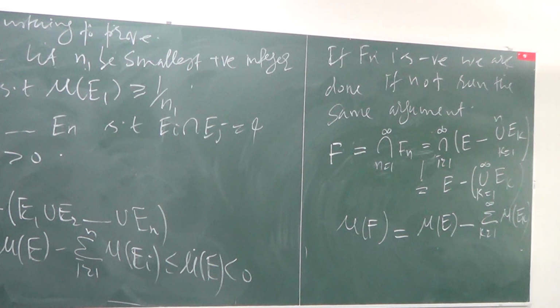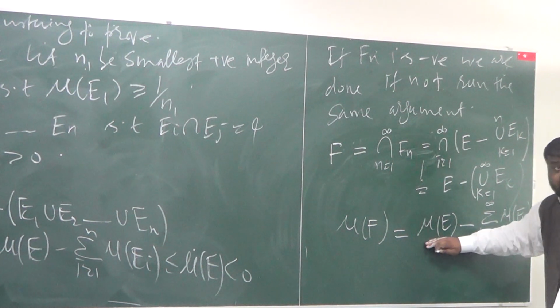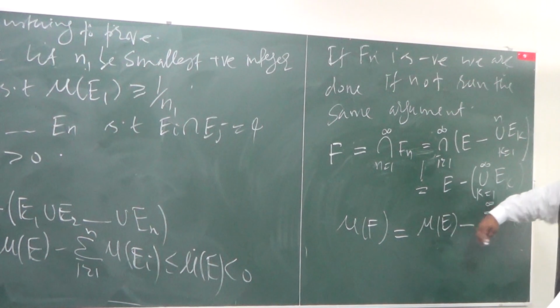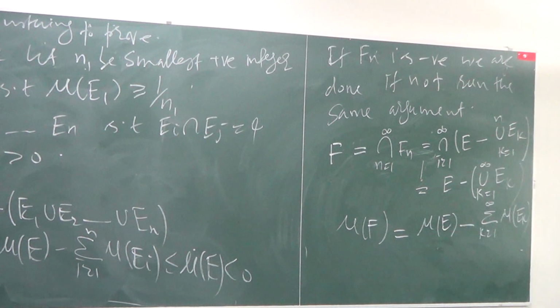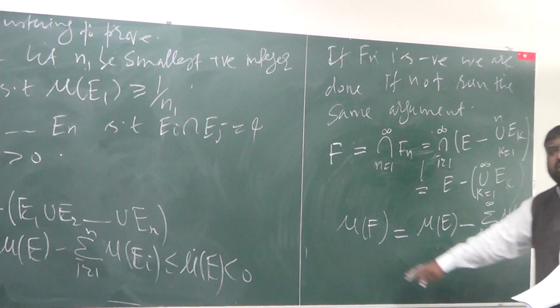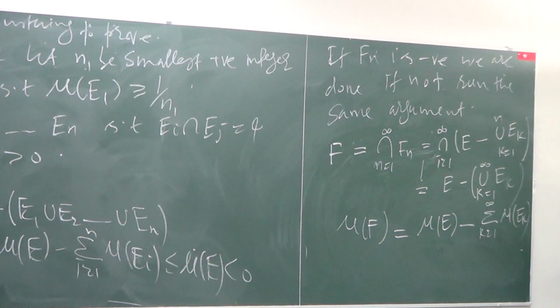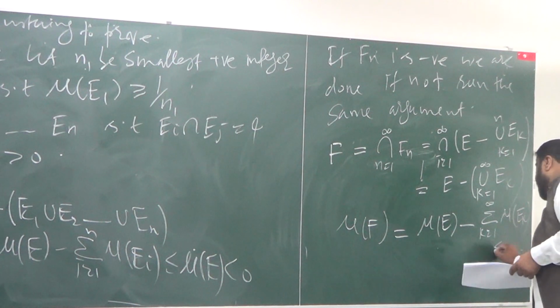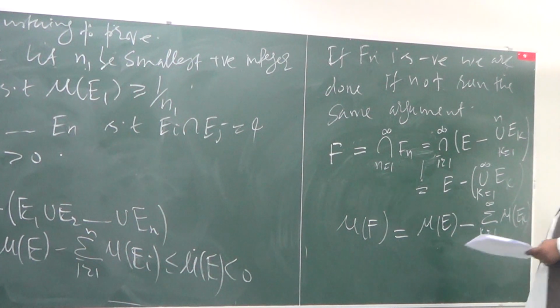Essentially, you take the set E and remove all the junk part, the positive part. Remove all possible positive parts and whatever remains is your set F. Obviously, this set has a negative measure.